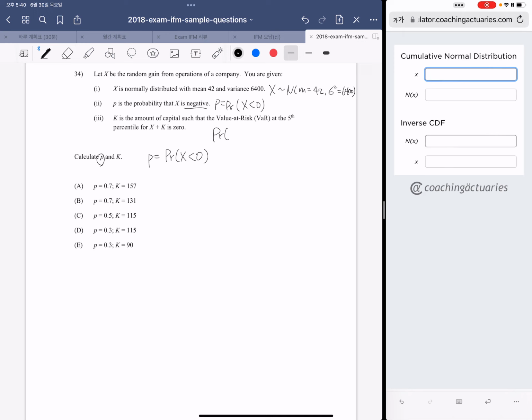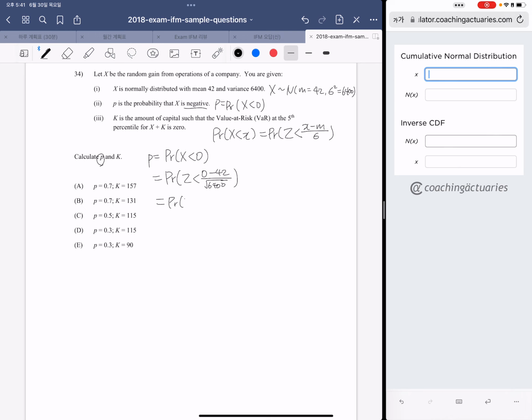if the probability of X is less than small x, it can be expressed as the probability of Z is less than x minus the mean of the normal distribution over the standard deviation. So following the structure, the probability of Z is less than 0 minus 42 over the standard deviation, which is the square root of 6,400, and we get 42 over 80.